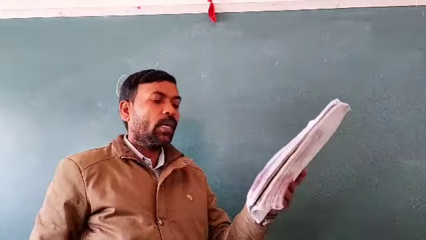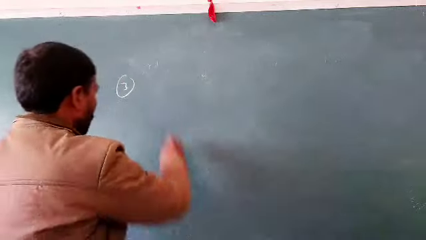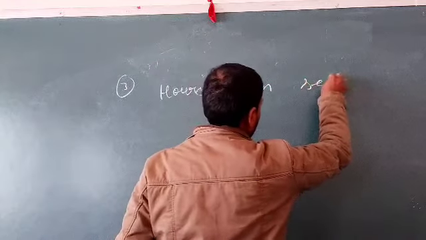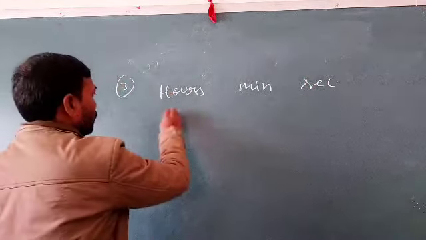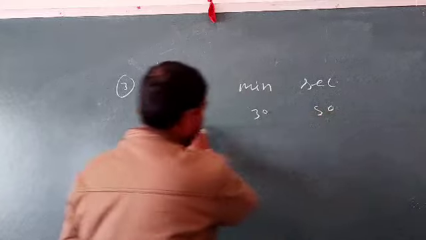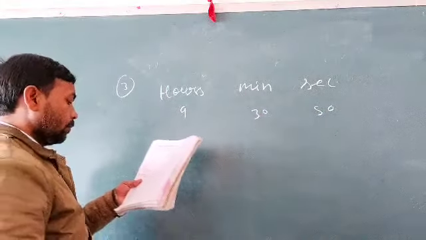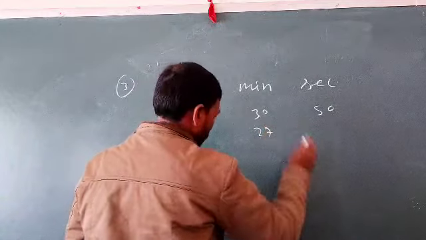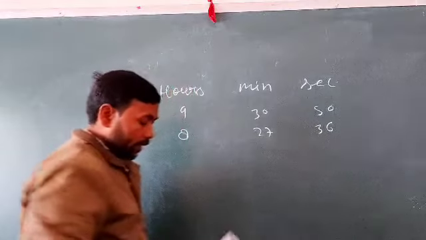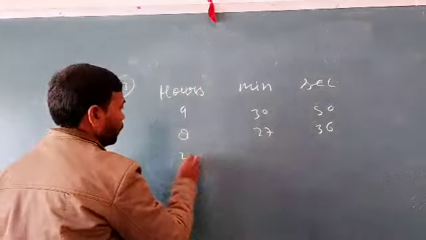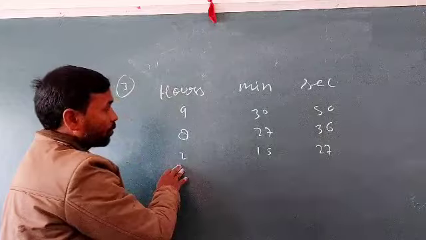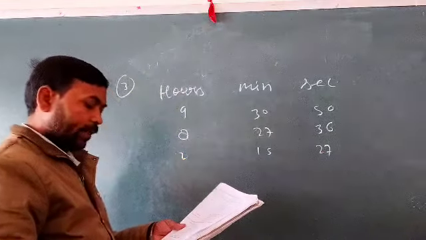Here 3 columns are given: hours, minutes and seconds. 8 hours 27 minutes and 36 seconds. 2 hours 15 minutes and 27 seconds.